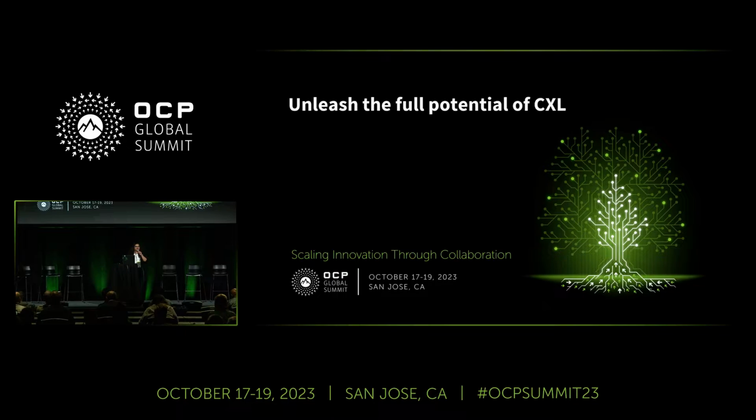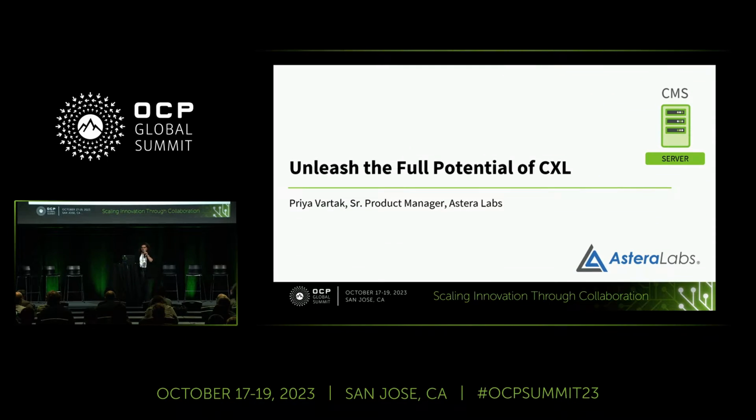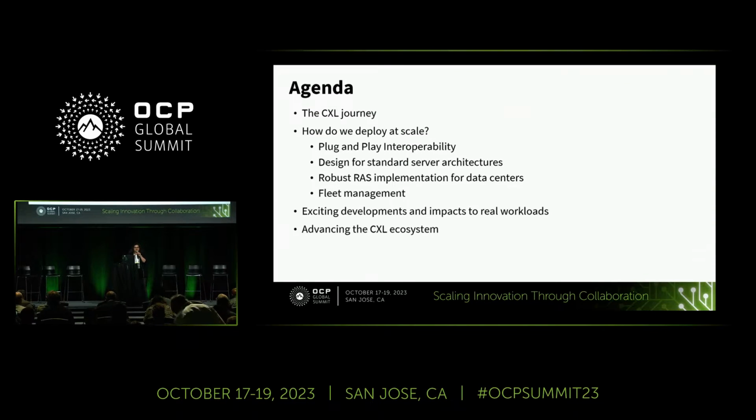All right, so today we're going to talk about unleashing the full potential of CXL, focusing primarily on type 3 memory buffers and such, but it applies to the overall CXL ecosystem. Get started. For agenda today, we have a quick review of our CXL journey, what's happened so far.